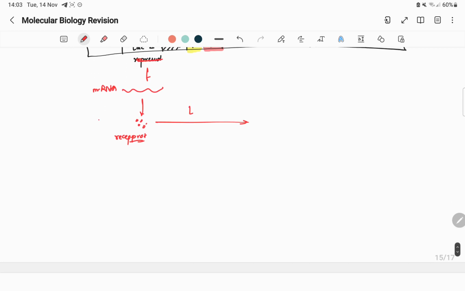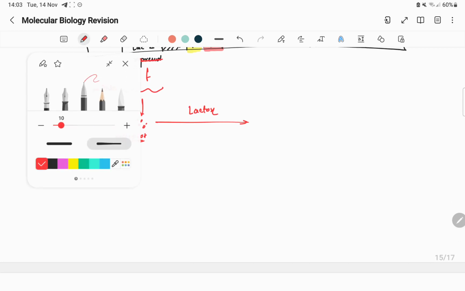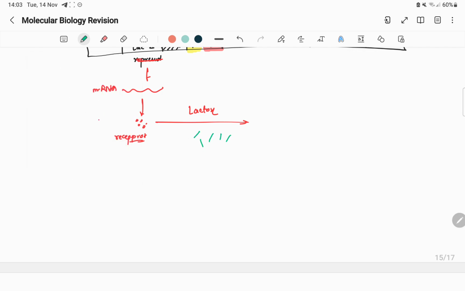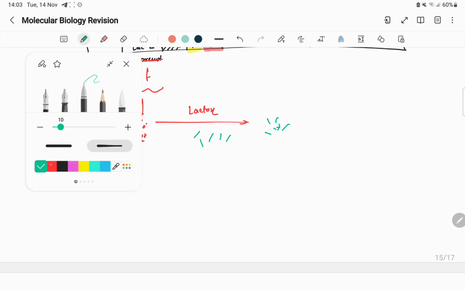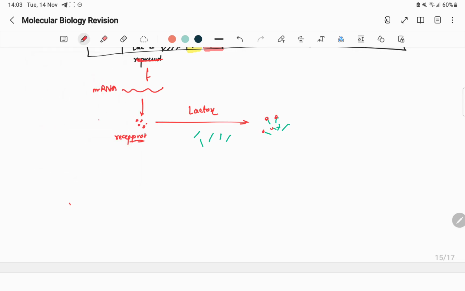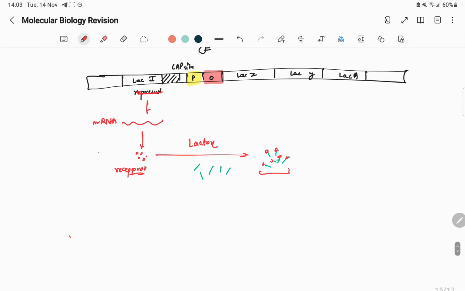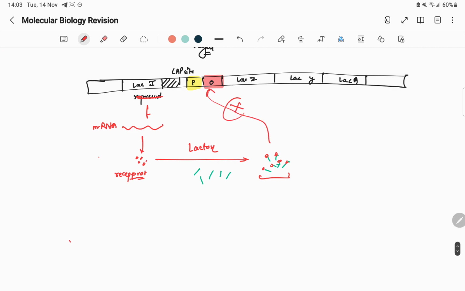In the presence of lactose, let's say these are the molecules of lactose, they will bind to the repressor protein and render it ineffective. It can't bind to the O. The tetramer is not produced.